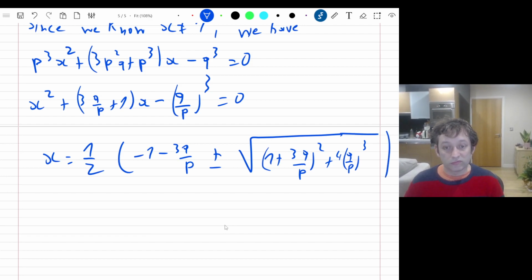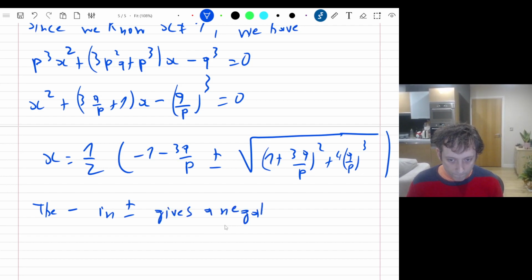And there's a plus minus, that's no good, because we want one value. We know there's only one value. But if you think about it for a second, the minus in plus or minus gives a negative value. But x is non-negative, so there's only one value left.